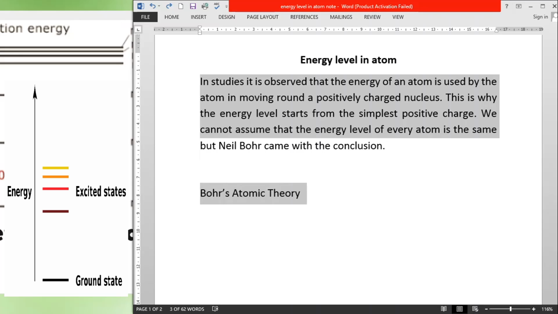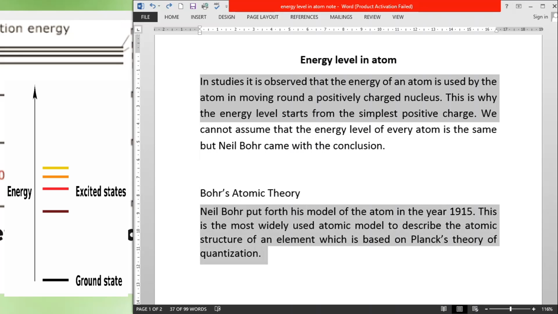From Bohr's atomic theory, we can see that Bohr put forth a model of the atom in the year 1915, which will guide us on the energy level in atoms.